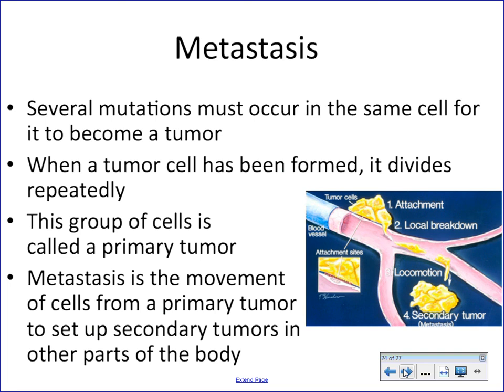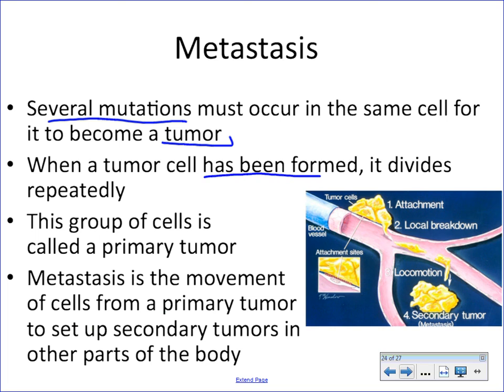Generally speaking, there have to be several mutations that occur in the same cell in order for it to become a tumor. Rarely is it just one mutation. This is why cancer typically shows up in older people. It can take a lifetime to acquire all of these mutations necessary for a cell to become cancerous.